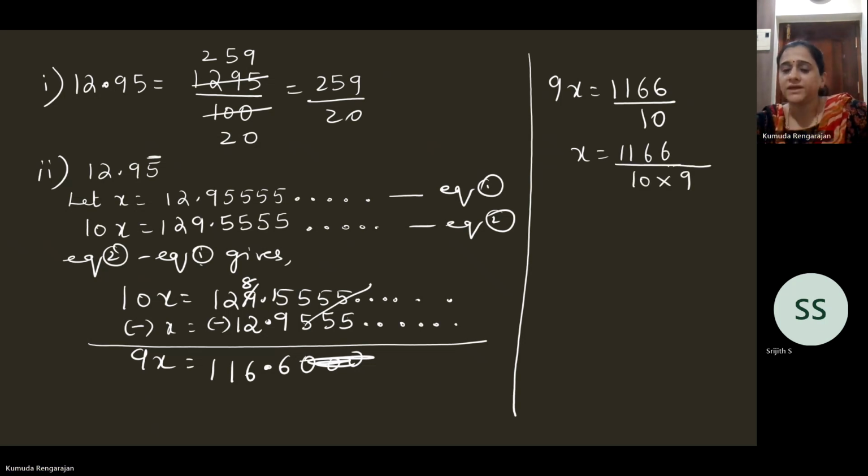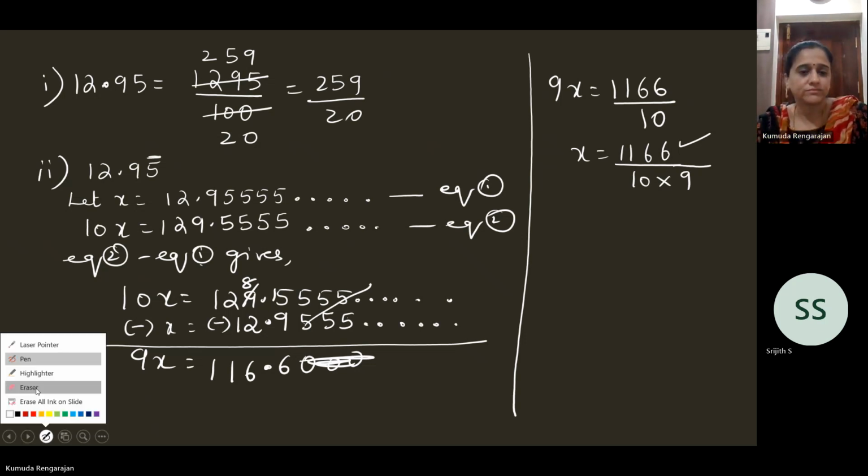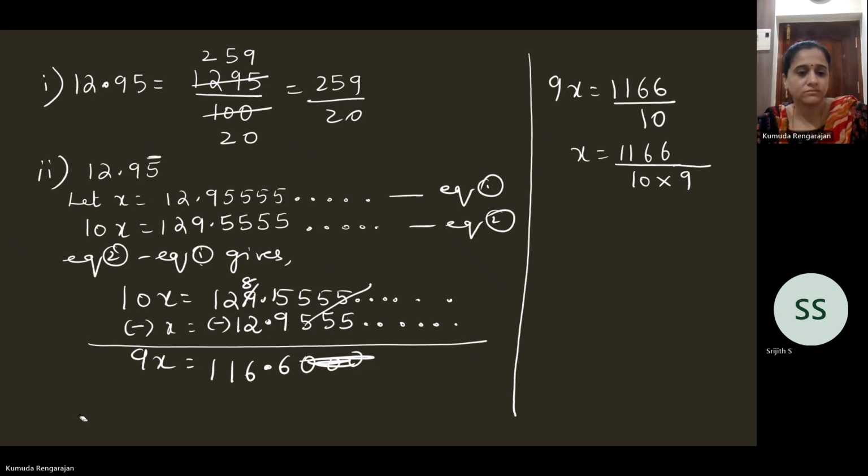Now, take this number which is in the numerator and any one number from the denominator, say 10. They're divisible by 2. So simplify. 2 5s are 10, 2 8s are 16, and 2 3s are 6. This is 583 over 5.